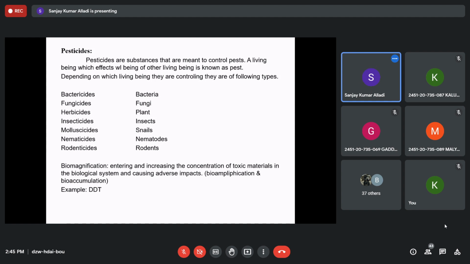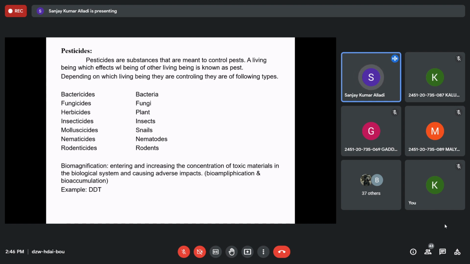Snails are controlled by molluscicides. And nematodes are controlled by nematicides. Nematodes are worms, like not only earthworms, even millipedes, centipedes, and all those worms.